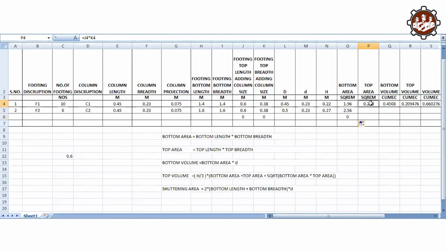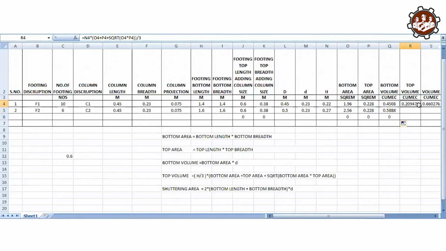So this is the bottom area. This is the bottom volume.